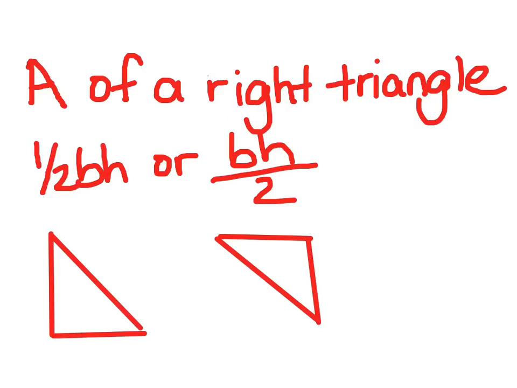All right, however, it's still a right triangle. So let me identify the right angle. This little square represents the right angle, which is 90 degrees.